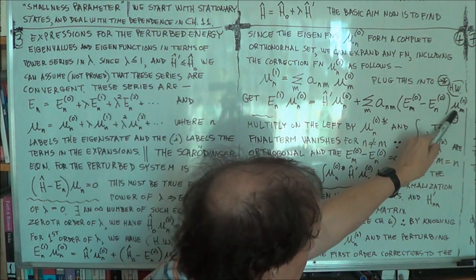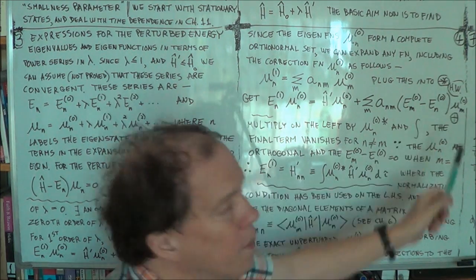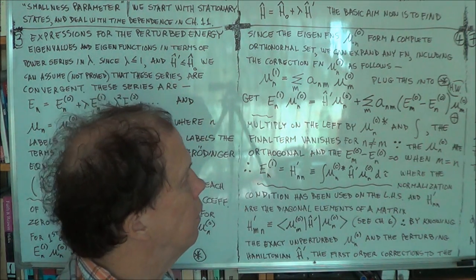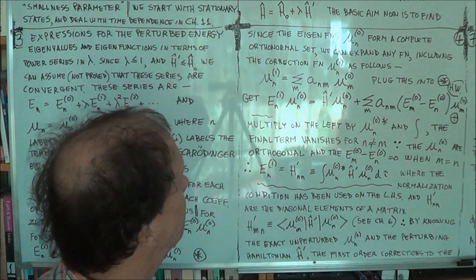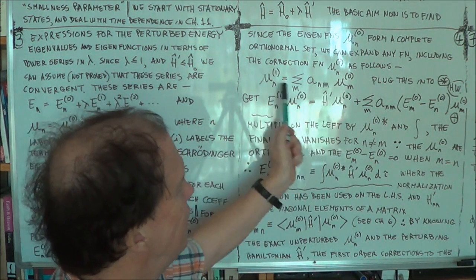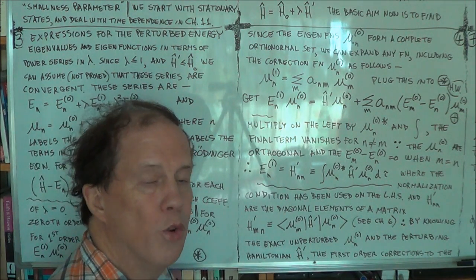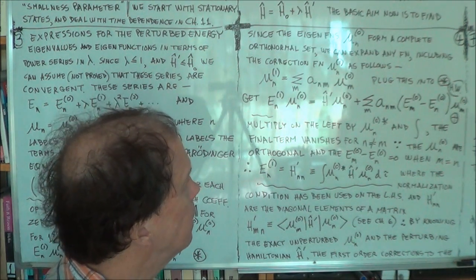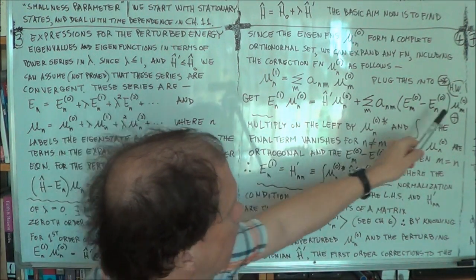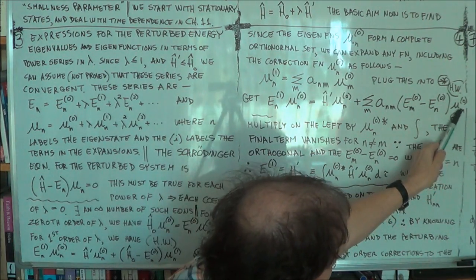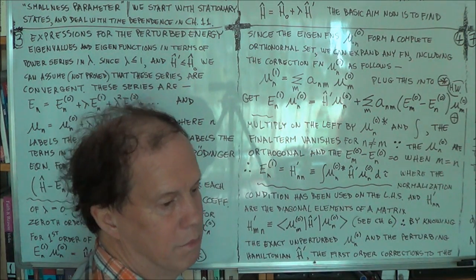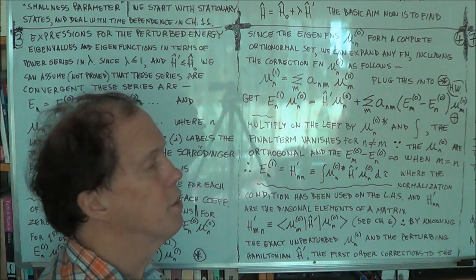Now these u naughts, remember we said here they are orthonormal, right? So if you're multiplying this and integrating, and the m and n are different, well, they're orthogonal, right? So they'll disappear.